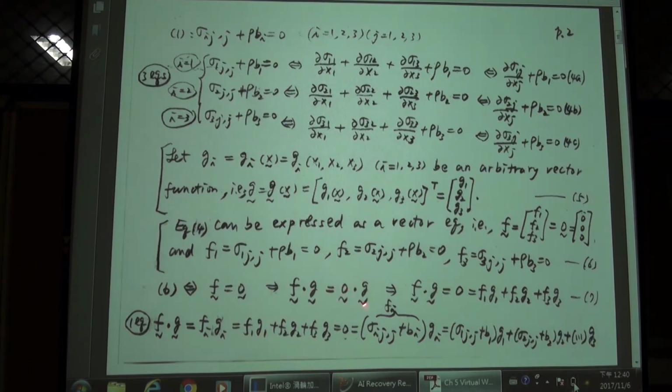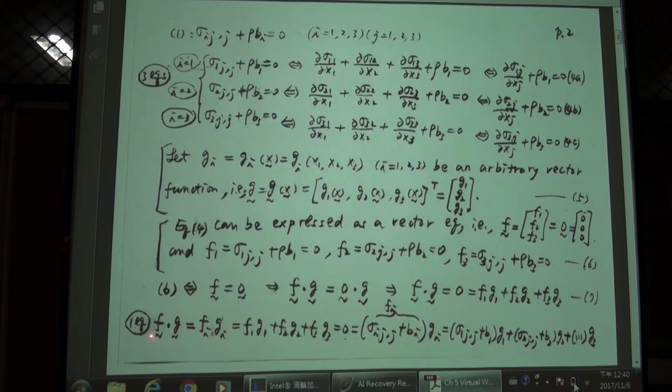But here at the right-hand side, 0 dot G equals 0. So what we have is F dot G equals 0. So F dot G is F1 times G1 plus F2 times G2 plus F3 times G3.